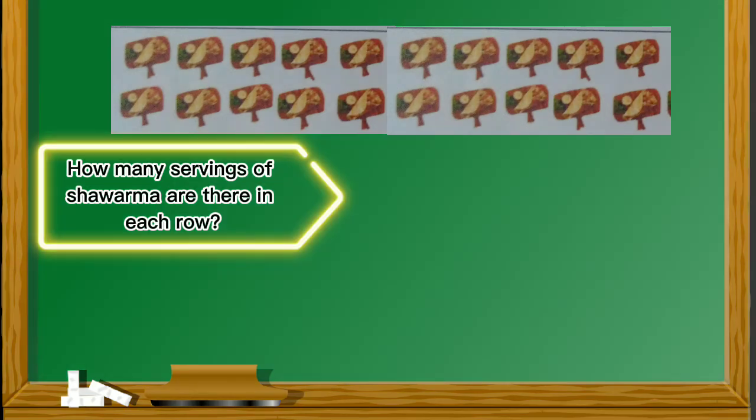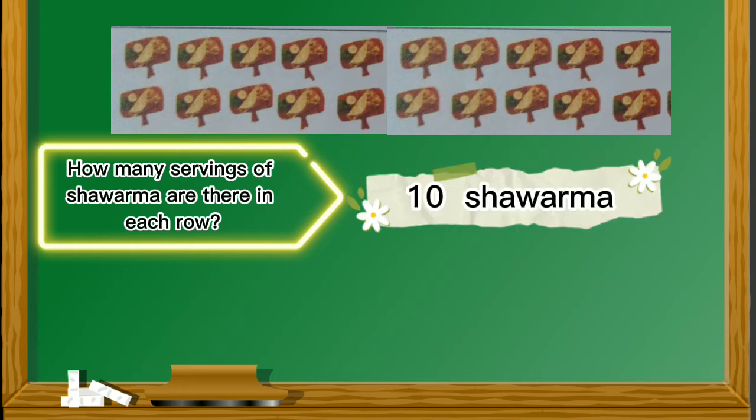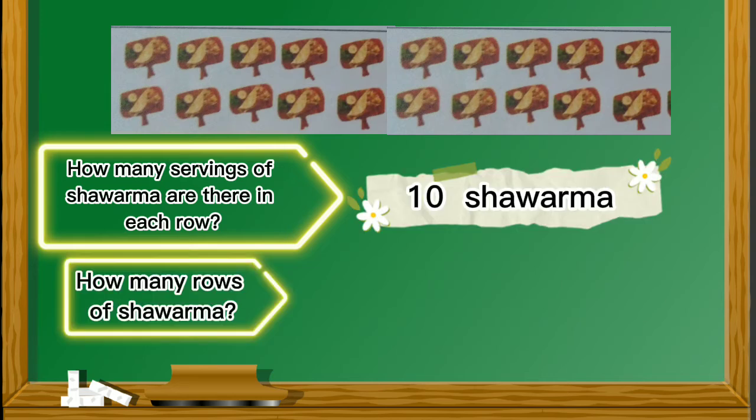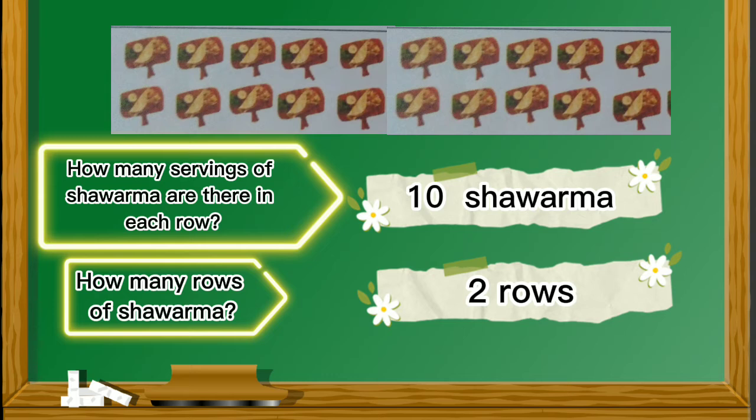Let us count. 1, 2, 3, 4, 5, 6, 7, 8, 9, 10. So there are 10 shawarma. How many rows of shawarma can you see? Let us count. 1, 2. There are 2 rows of shawarma.